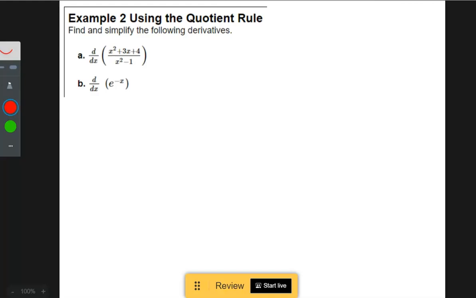All right, so this is the numerator, so f of x, and this is the denominator, so g of x.